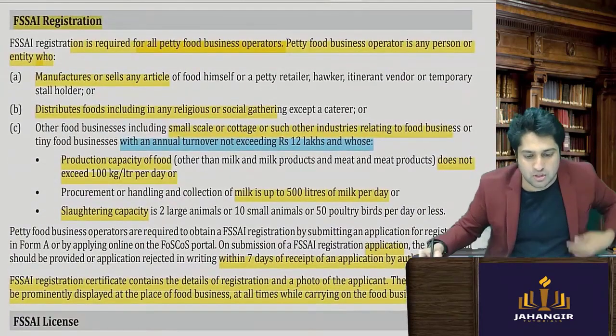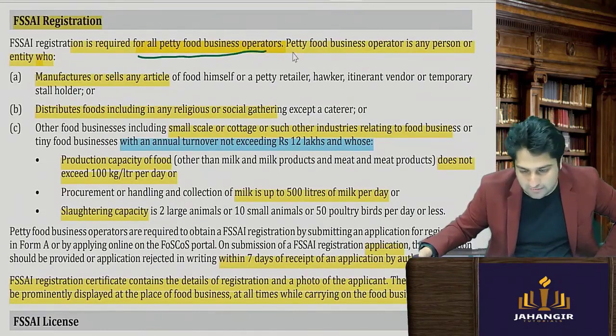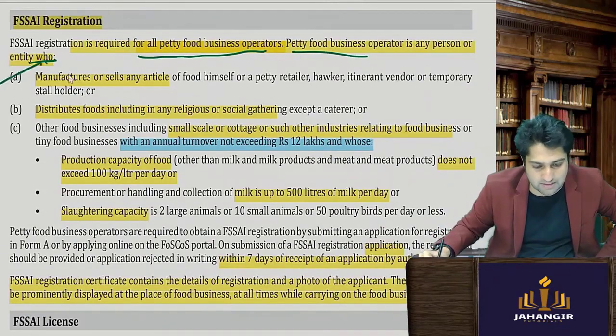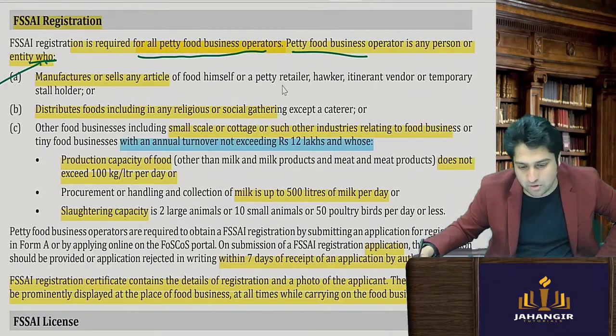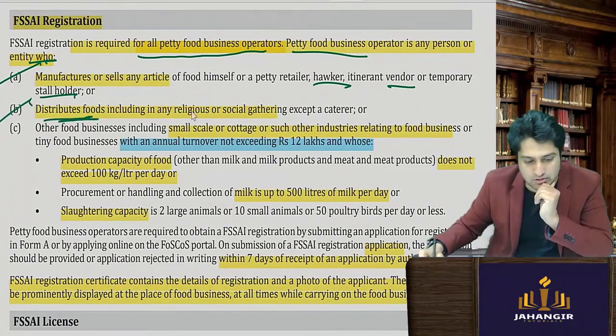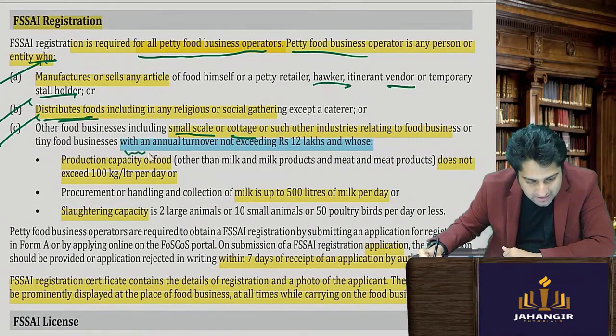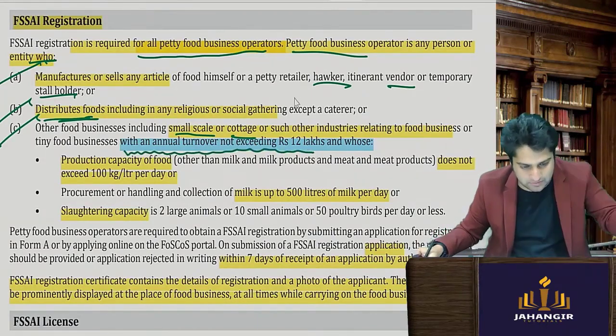Now FSSAI registration. So again, all petty food operators have to do it. Petty food operators who manufacture or sell any article, like your hawkers, your vendors, temporary stall dealers, distributors of foods, small scale cottage industries whose annual turnover does not exceed 12 lakhs, as we saw.